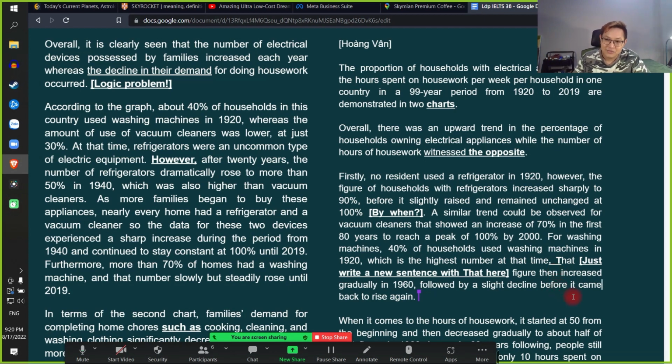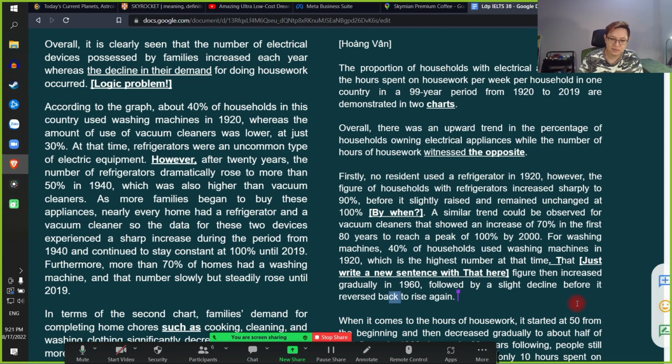A slight decline before it... continue. Before it reverse back to rise again. Reverse là đảo chiều rồi.